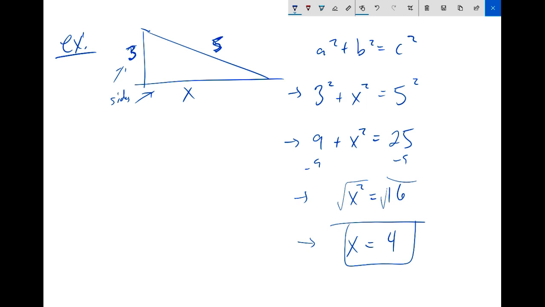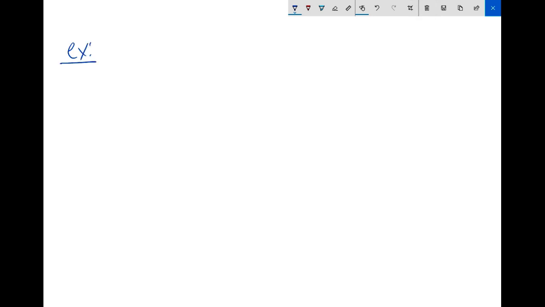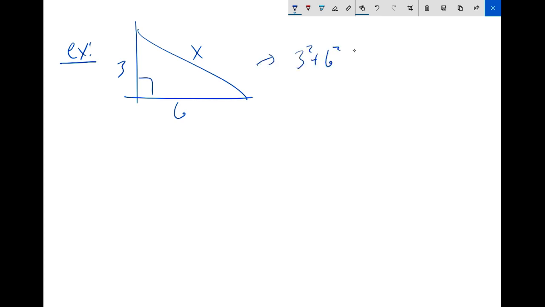Now, sometimes it's nice because you'll end up with values that have perfect square roots, but that's not always the case. So you may have to approximate them. You might have a right triangle, say here's 3, here's 6, and there's your unknown variable. To solve this, you frame it like a Pythagorean theorem problem. 3 squared is 9, 6 squared is 36, and 9 plus 36 is 45.